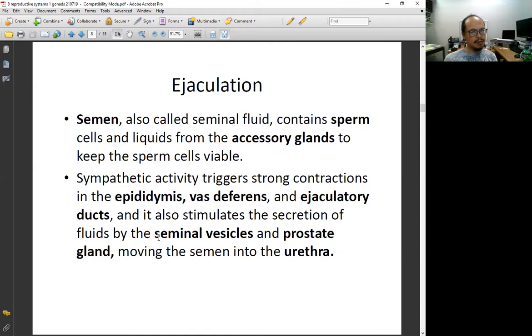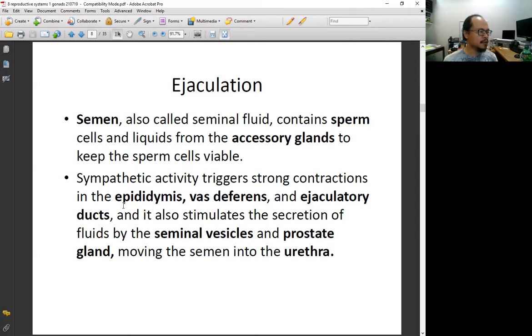And then during intercourse, the ejaculation will occur to eject this semen into the female's vagina. Stimulation coming from the sensory nerves, and a lot of muscle contraction will occur. This muscle contraction basically will propel the sperm moving forward.